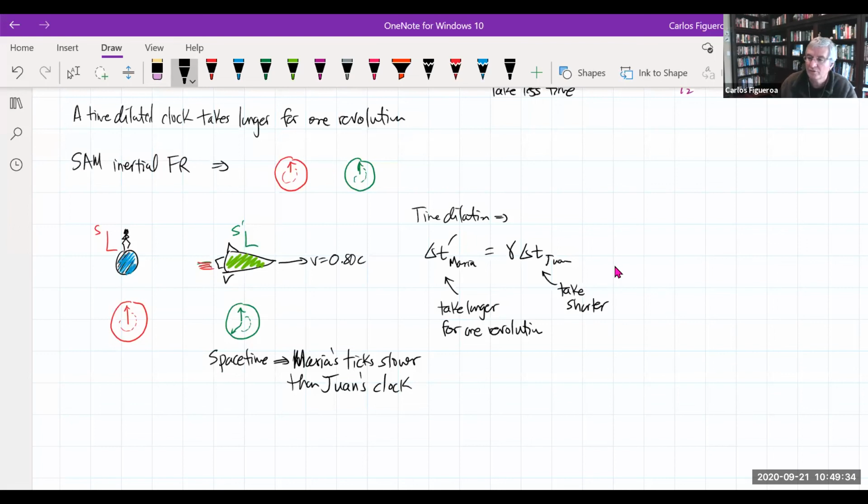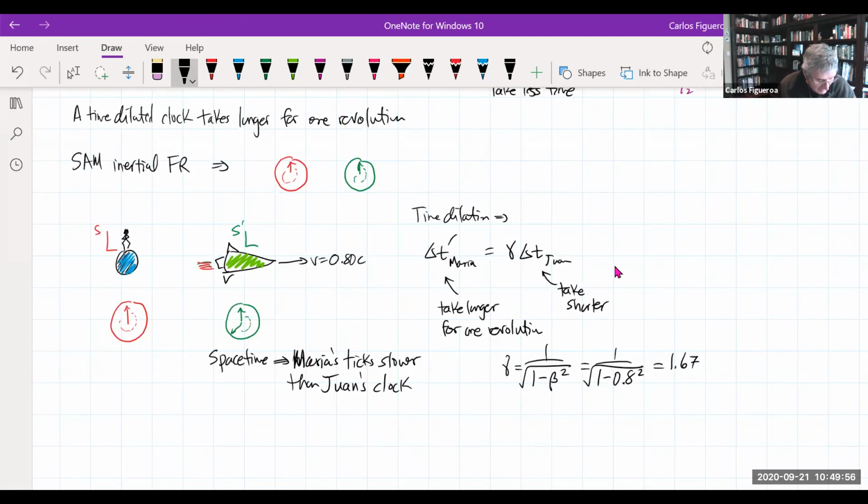for 1 revolution. So in this case here, now that I have that, I have gamma, which will be the square root of 1 minus beta squared, which is then 1 minus 0.8 squared square root. And if you calculate that number, you get 1.67. So now I have my gamma factor.